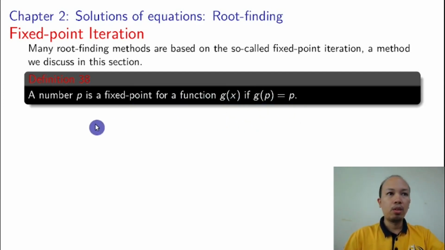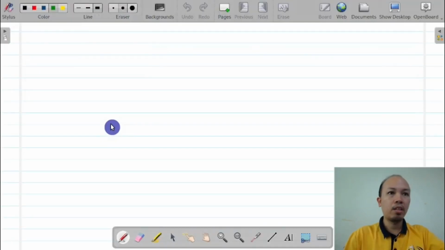Okay, so all you have to do is to solve this equation, and then that number is what we call the fixed point. So for example, let's go to our open board.